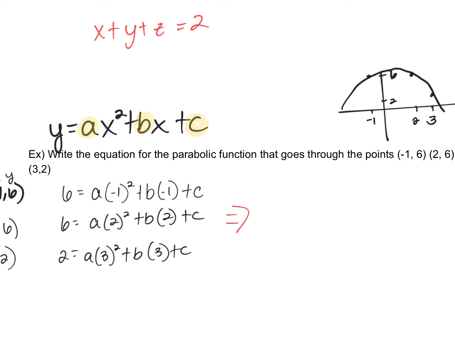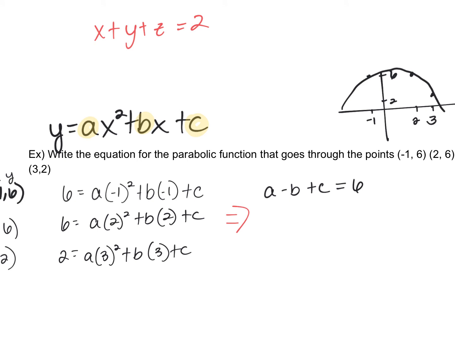So these are going to turn into -1 squared is just 1a, so a. B times -1 is -b. Plus c, of course, and I'm just going to move that 6 over to the other side so it looks like what we've been doing on that last lesson.